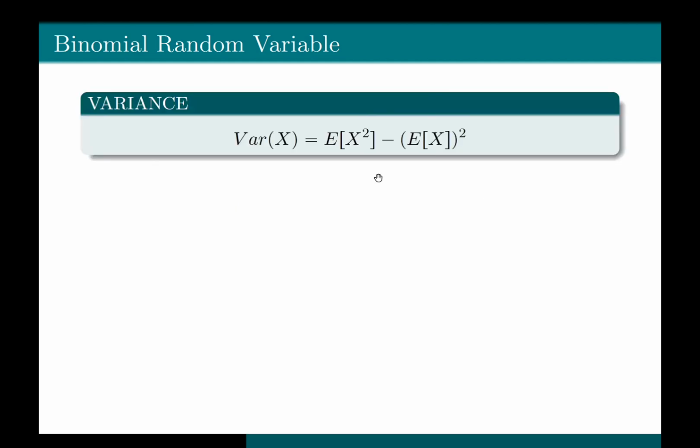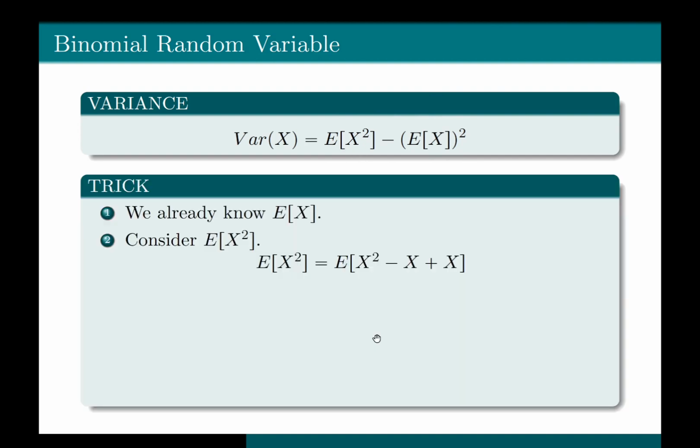Time to find the value of variance. So variance of X is equal to E of X square minus (E of X) whole square. We already have the value of expectation of X. So we just need to find expectation of X square. We will write E of X square as expectation of X square, and we will add and subtract X over there.